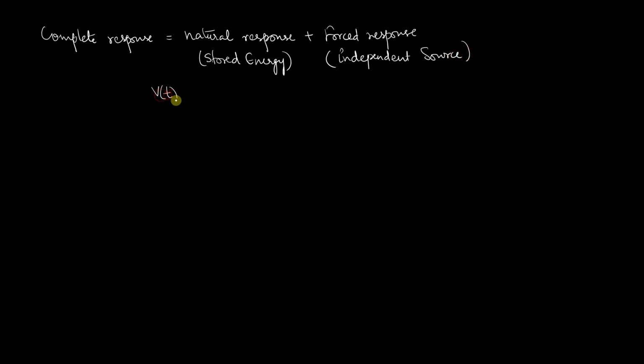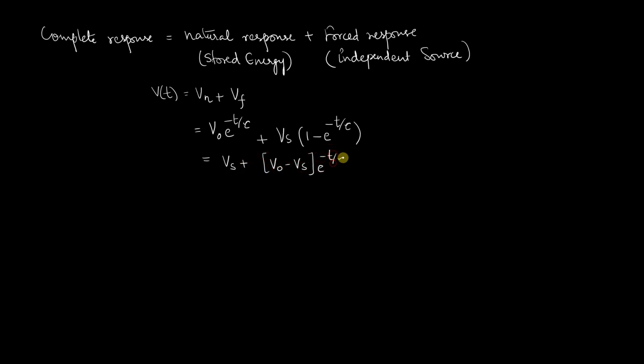So I can write V of t equal to natural response plus forced response, and natural response we have seen in source free circuit, right? So that is equal to V naught e power minus t by tau plus the forced response, Vs 1 minus e power minus t by tau. This is equal to Vs plus V0 minus Vs e power minus t by tau. Let me name this as equation 1.